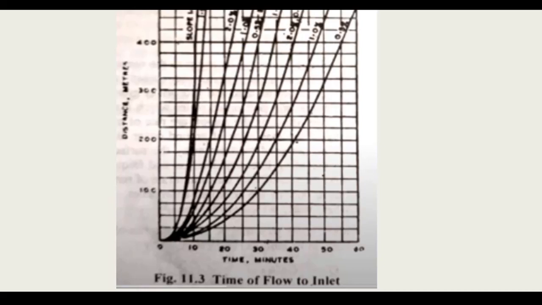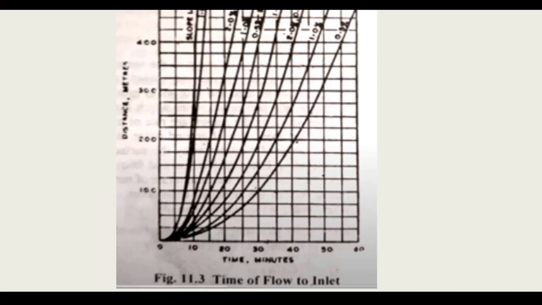Here what we are seeing on the x-axis is the time of water to flow through the drain between the inlet and outlet points. It is determined based on the allowable velocity of flow in the drain, which is generally in the range of 0.3 to 1.5 meter per second, depending on soil type.